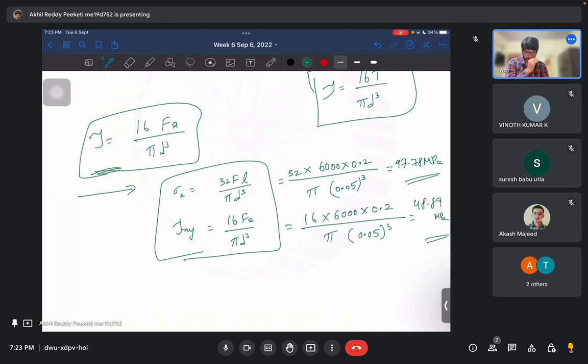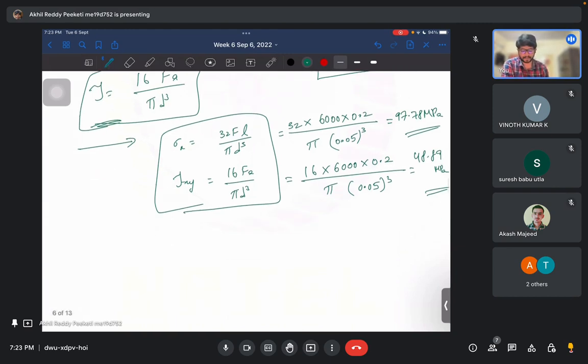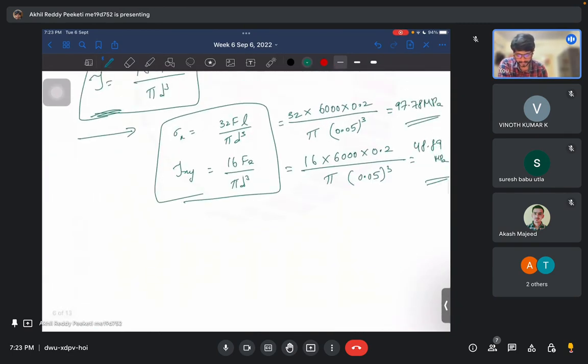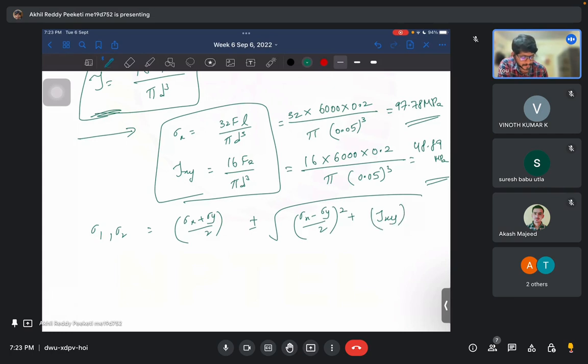Now once you have the sigma x and tau xy, you have to follow the procedure which we discussed in the earlier question, the exact procedure. So from this we will get again sigma 1, sigma 2 as sigma x plus sigma y by 2 plus or minus root over sigma x minus sigma y by 2 whole square plus tau xy square.